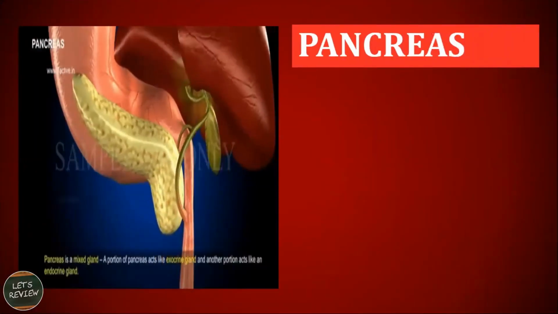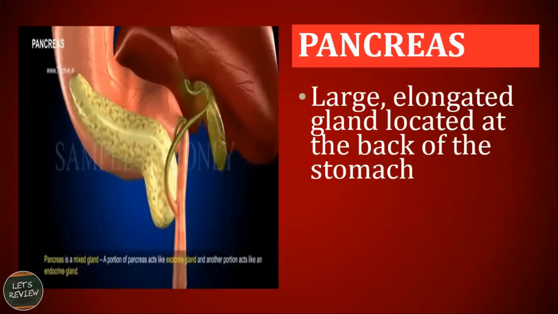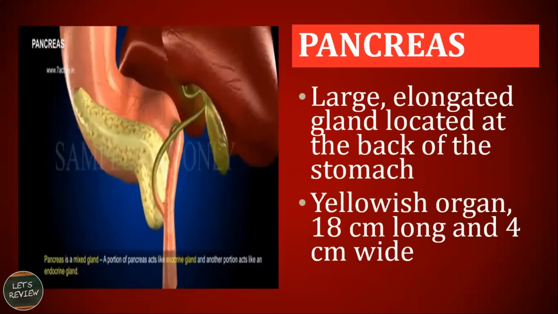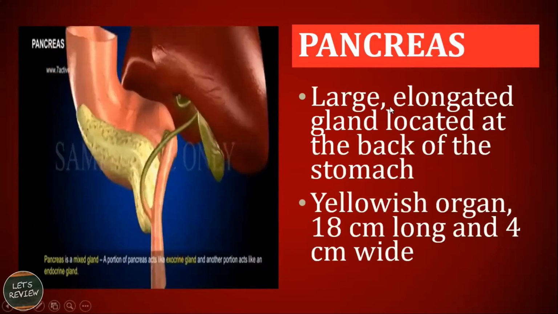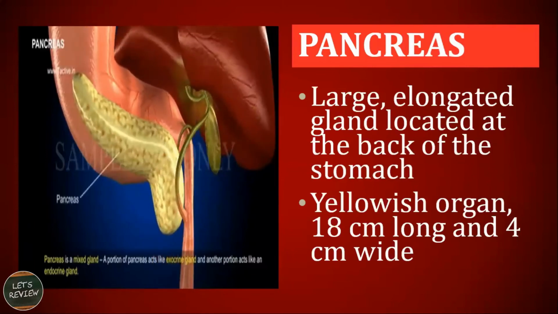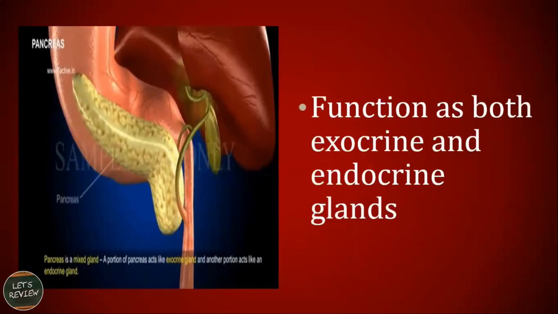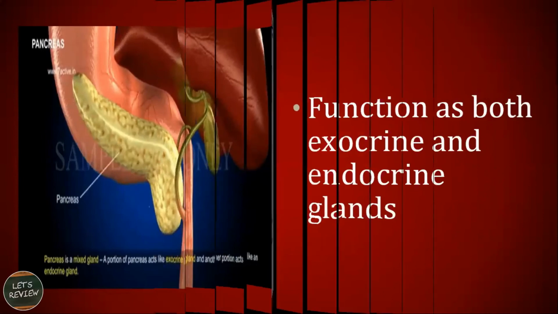And last, we have the pancreas. It is a large, elongated gland located at the back of the stomach. It is a yellowish organ, 18 centimeters long and 4 centimeters wide. It functions as both an exocrine and an endocrine gland.